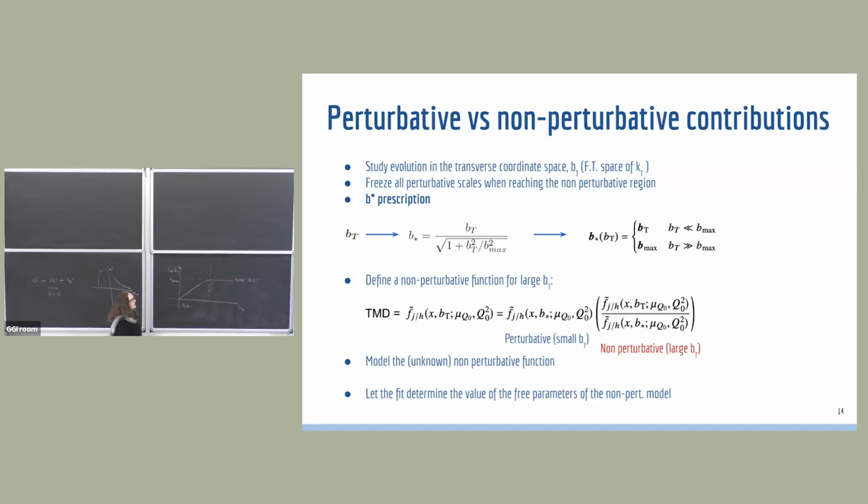Now, at this stage, you have this non-perturbative part of the TMD, which you cannot compute. So you have to, for example, model it or compute it with lattice QCD techniques. Either you rely on lattice QCD, or you rely on some phenomenological analysis of your process by using some models, okay?